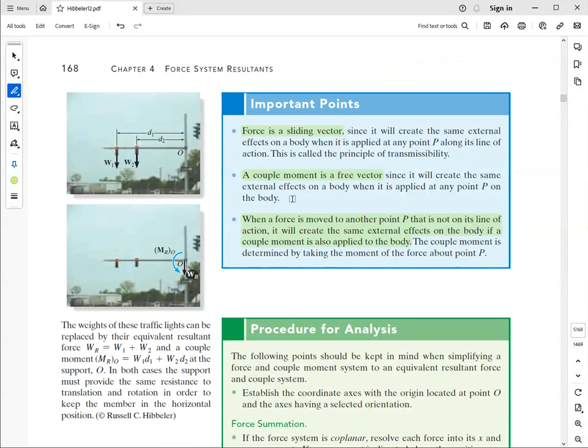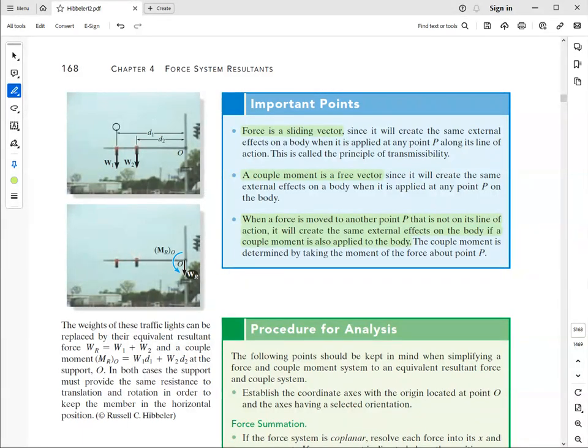Okay, so important points. Force is a sliding vector. Couple moment is a free vector. And if I move a force parallel to itself, then in order to create the same external effect, I need to include a moment.